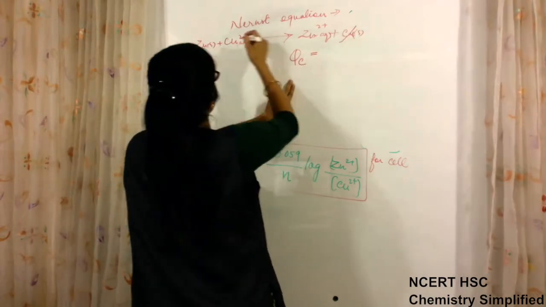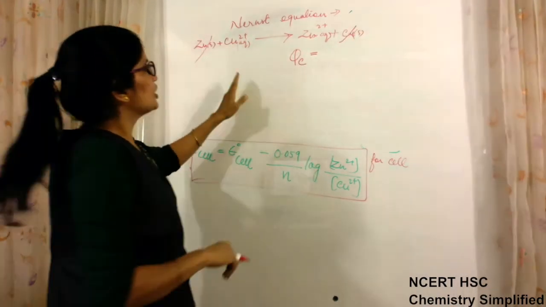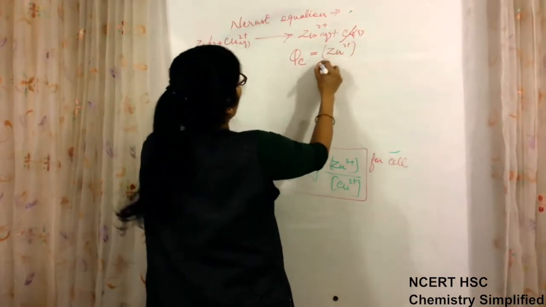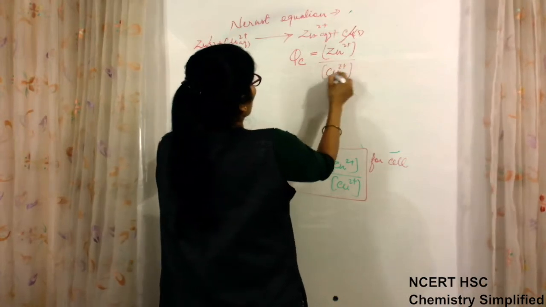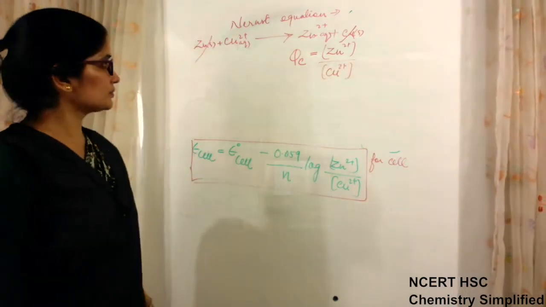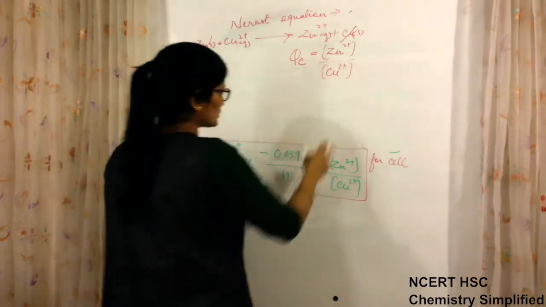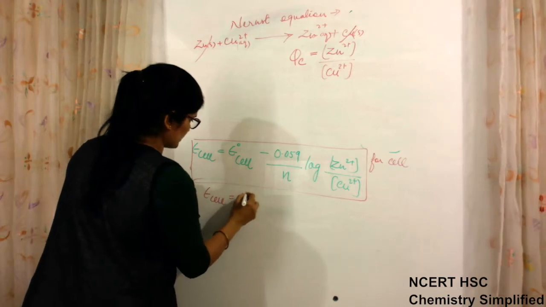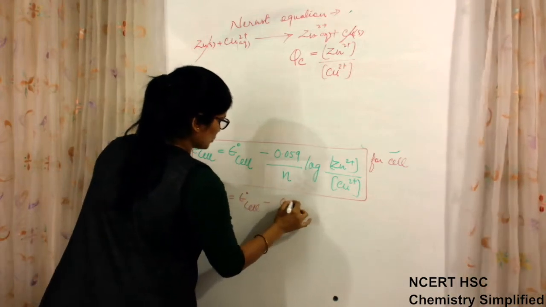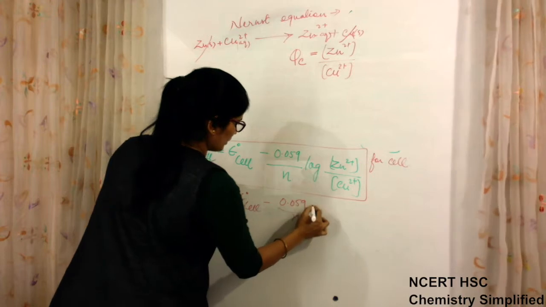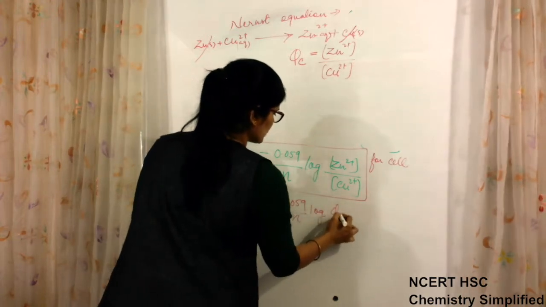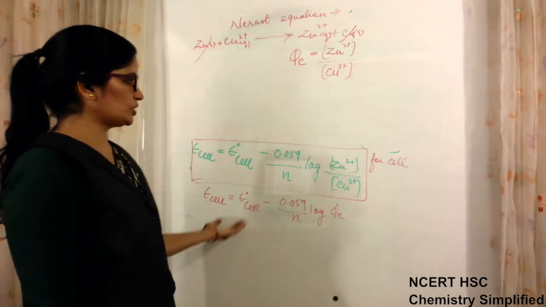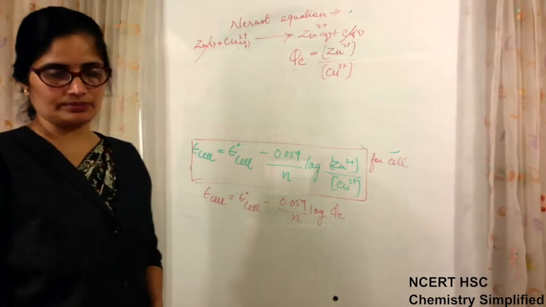So this is unity, this is unity because these are solids. So the concentration of product is Zn2+ concentration upon Cu2+ concentration. So this is also called Qc. So we can write this equation as E cell is equal to E standard cell minus 0.059 upon n log of Qc, because the reaction has not attained equilibrium.